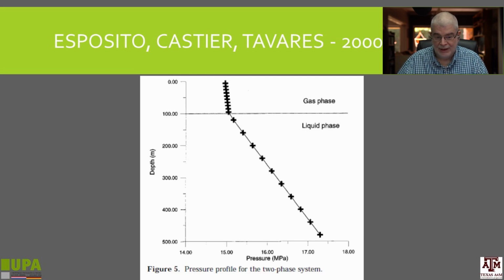So we have very small pressure change with depth in the gas phase, and then when we go across the interface and go into the liquid phase, we get a much more pronounced pressure change. It looks like a straight line, which would be the case if the liquid were incompressible, but we didn't make this assumption here, just coming from the equation of state as it is.